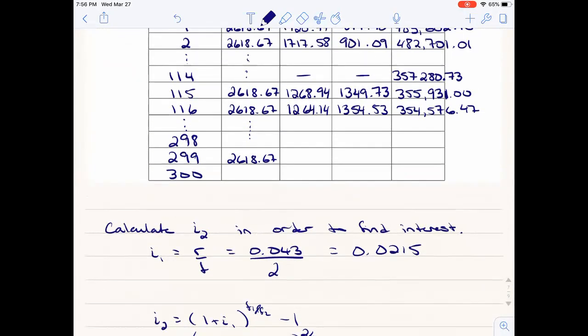So up here, we can say the future value here is 5,228.58. 5,228.58 times I2 is $18.57.